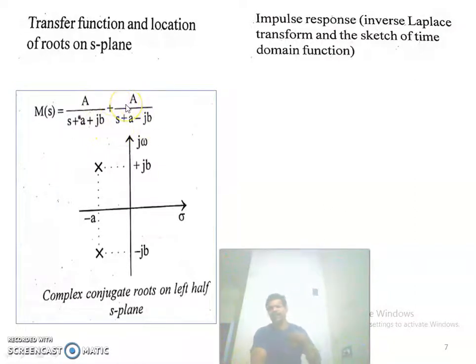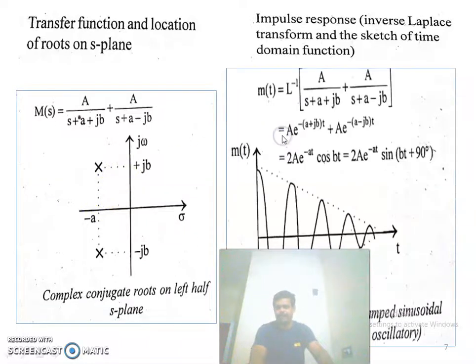These are the two complex conjugate roots, and they lie on the left half of the S-plane.